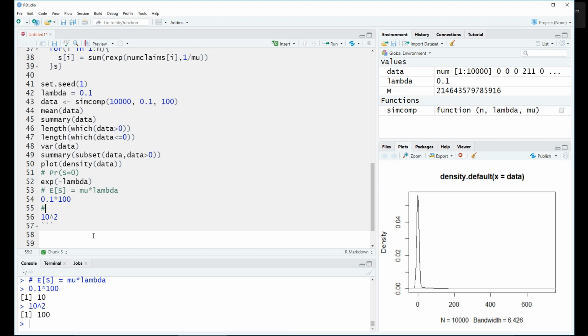Again, once again, why is variance 10 over 1? No, something is wrong. Variance of S should be 2000. Okay, we'll leave it for next time. Variance of S equals 2000.